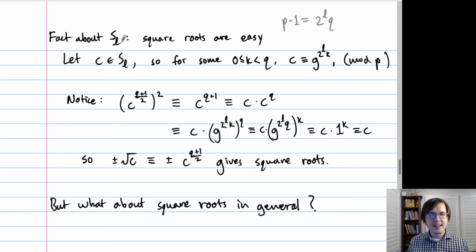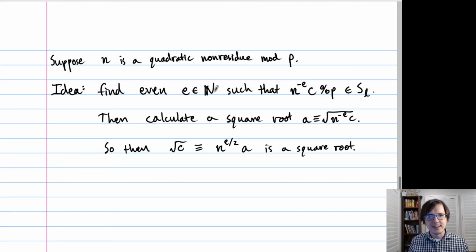But okay, so that's S_L. This only helps if (p-1)/2 is odd for solving for those primes. But we want to do this for square roots in general. So we're going to analyze this particular situation given some particular data.